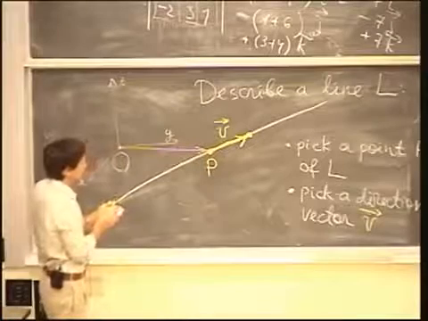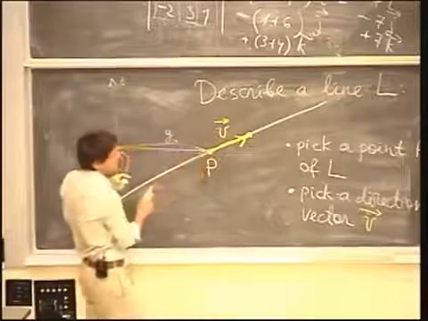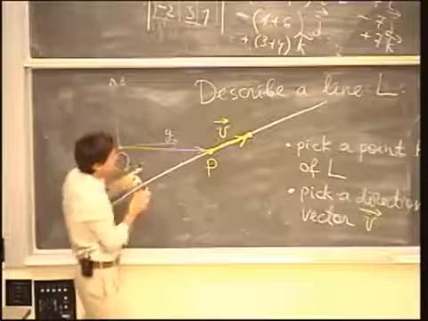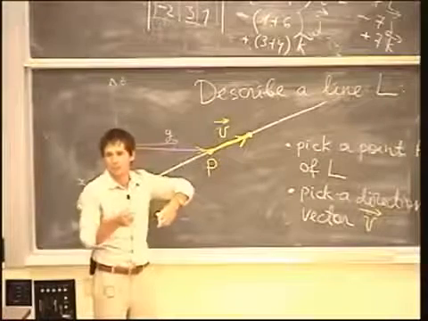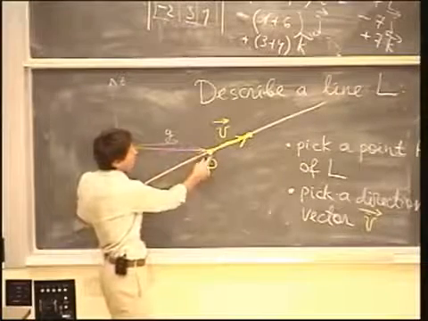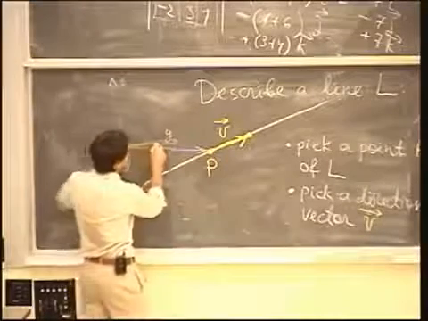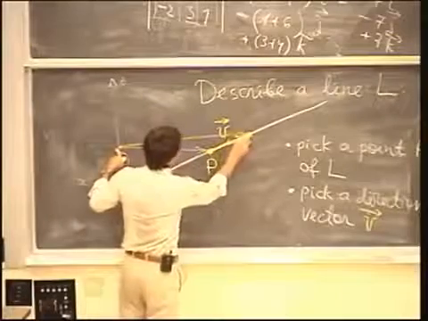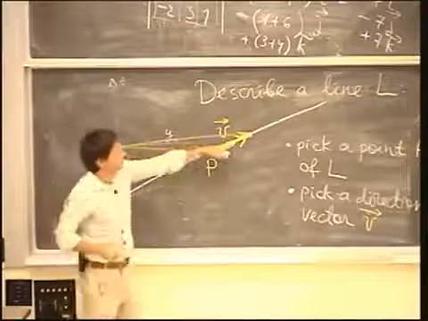vector of this point? Well, for this, we can use addition of vectors. I recall that if you have two vectors, you can use the triangle rule to find the sum between them. Here, they're perfectly arranged for that. I first move from the origin to this point, and then I move from this point to this point. So what's the net result? The net result is I move from the origin to this point.